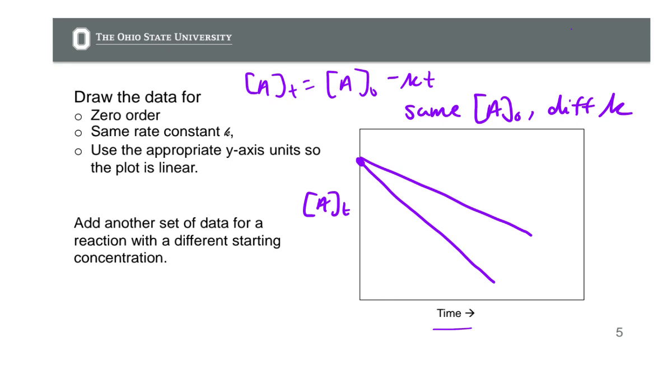If we want to add another set of data with a different starting concentration, but say the same rate constant as this one, we could do something like this. So the slope is the same, it just starts at a different point on the y-axis.